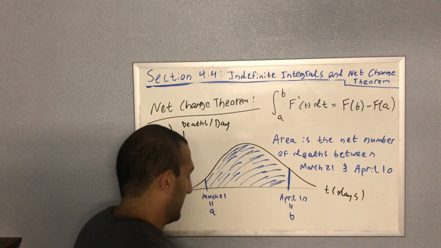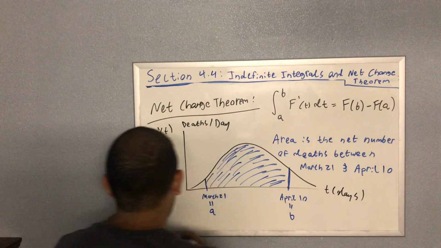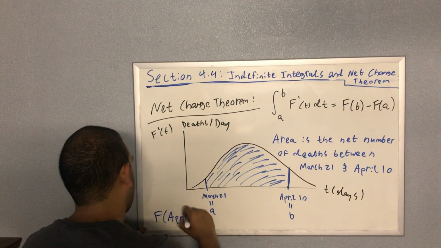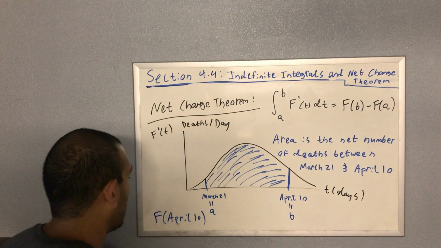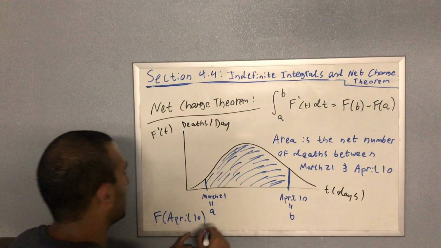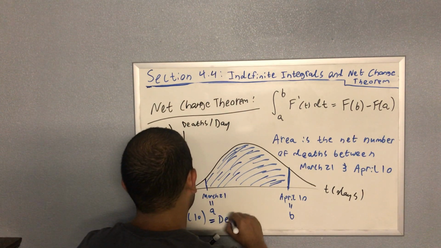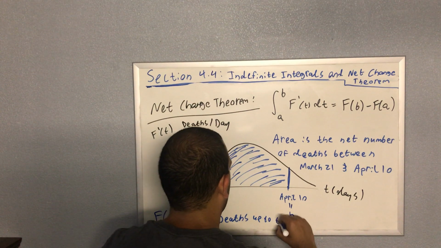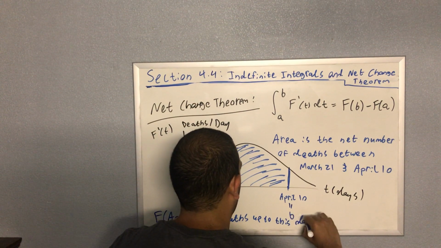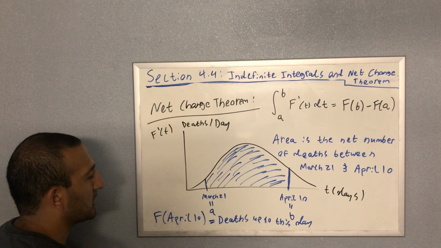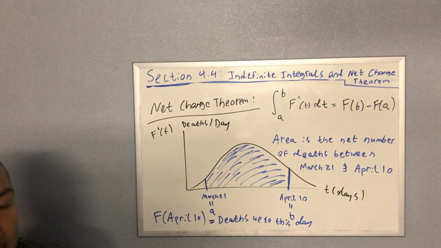Right? Because capital F of April 10th, remember, F prime was deaths per day, F was deaths. This is deaths up to this day. Okay? And then the same thing, F of March 21st is the number of deaths up to that day.